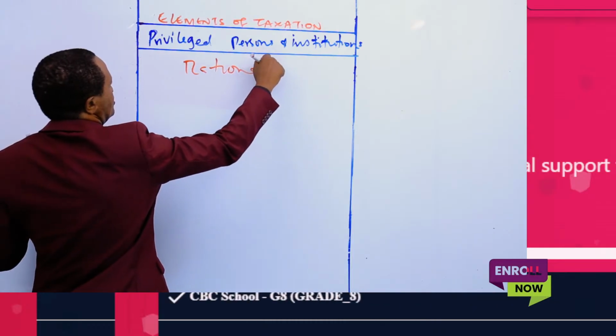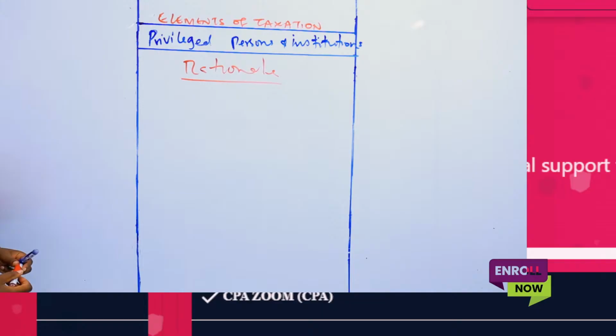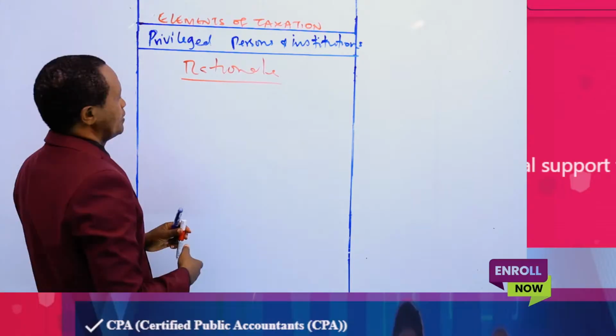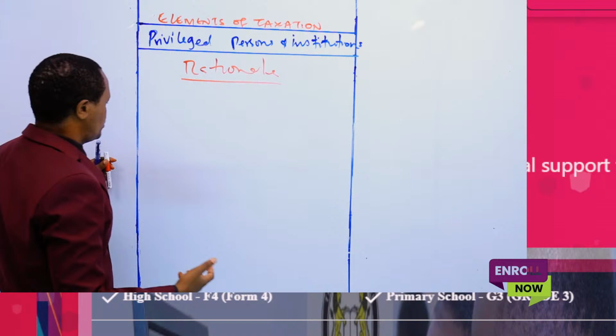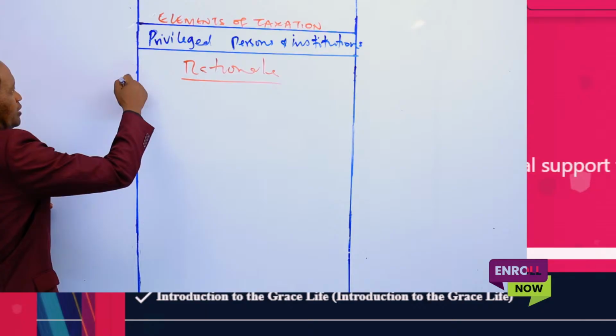What are the reasons why the law accords certain persons and institutions special VAT treatment? Now, the first reason is diplomatic reciprocity.